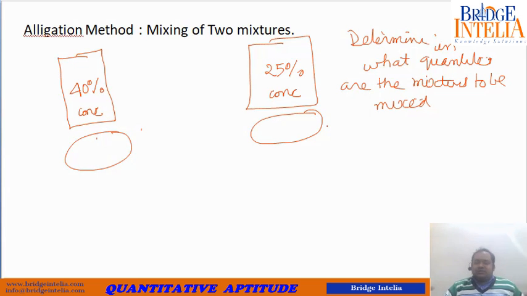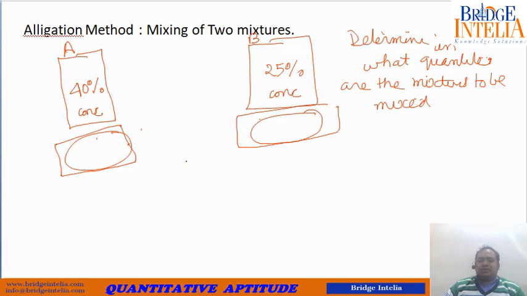So this time you have to tell us that we are going to take this many liters of, let's say, solution A, and we are going to mix with these many liters of solution B. That means you have to determine the ratio. Then you will be given a target that you have to mix them in such a ratio that the final resultant comes out to be equal to 30%. So this will be the premise of the question.